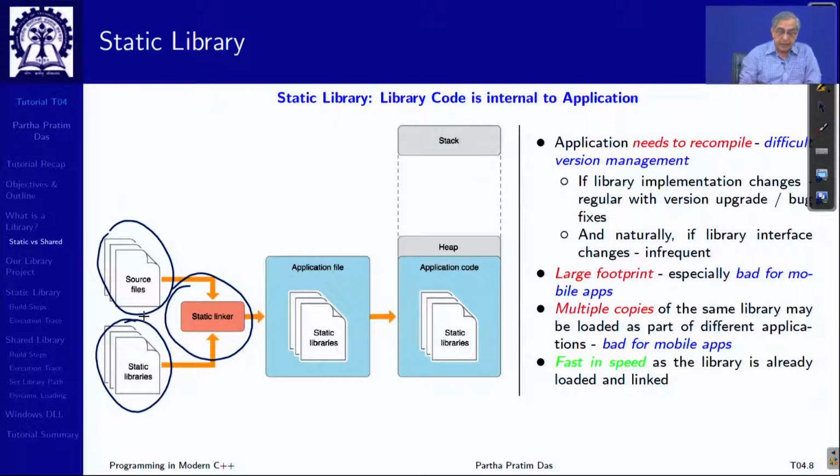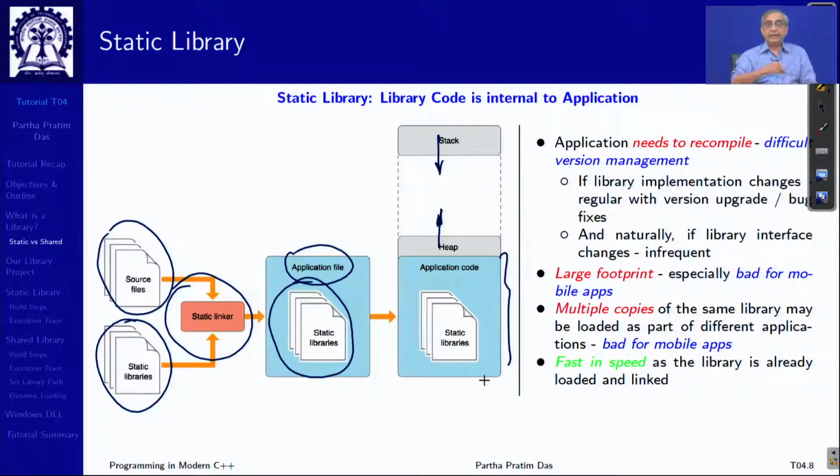It takes the application file and puts the static library as a part of it, inside that. So, when it executes, I have the stack for my function calls, I have the heap for my dynamic allocation, and in the text segment of the memory, I have the entire application code loaded with the static library, all together.